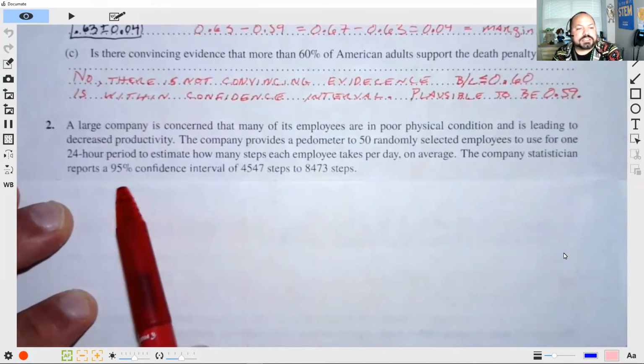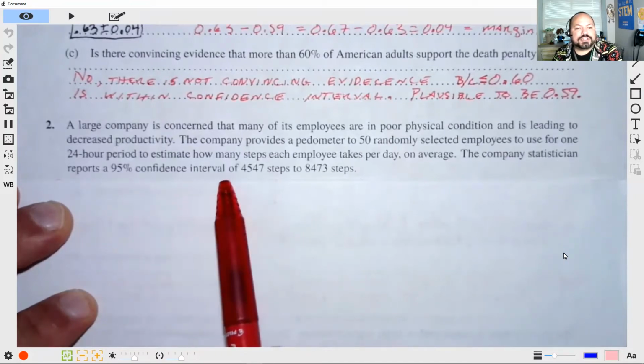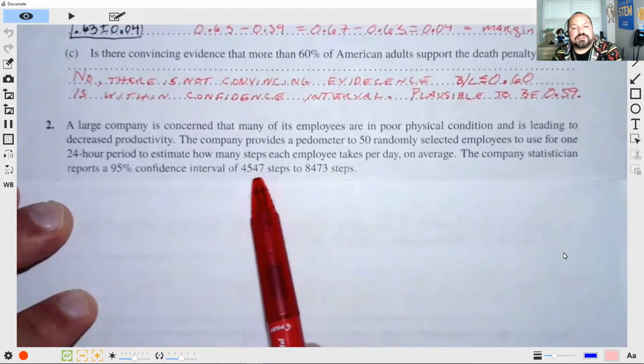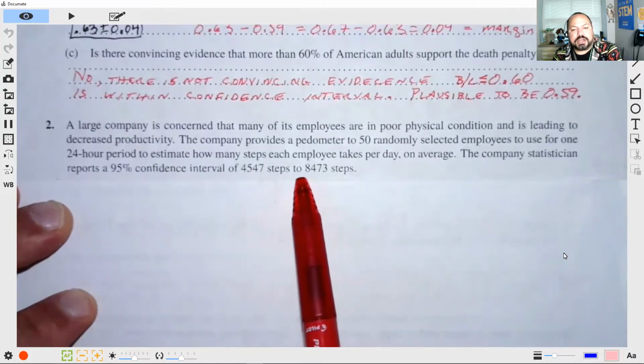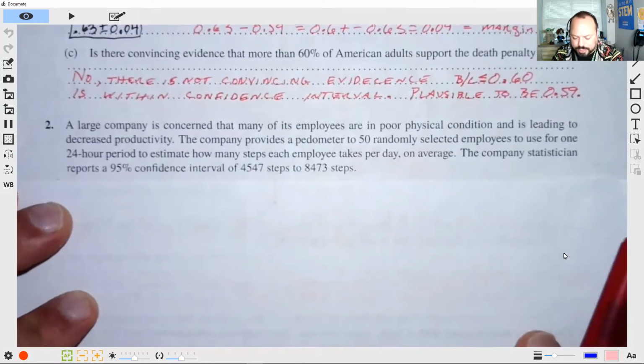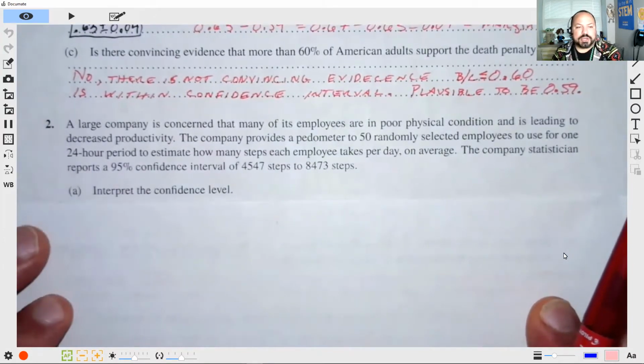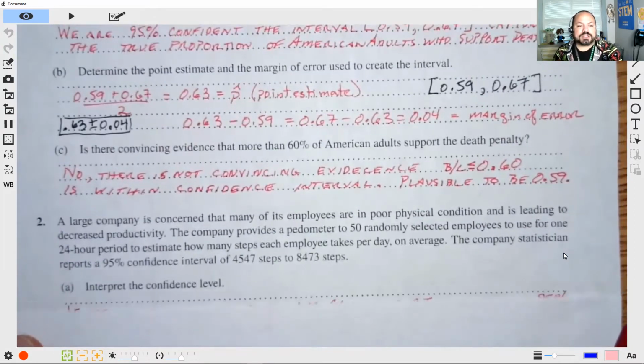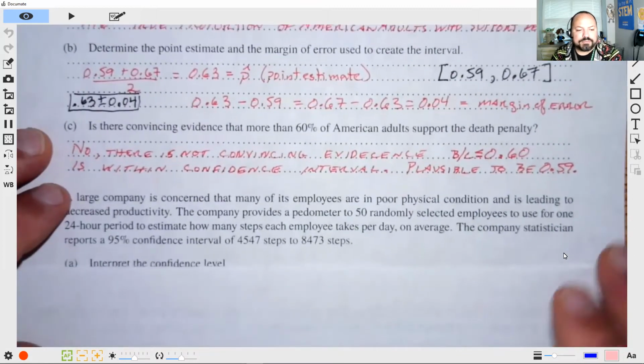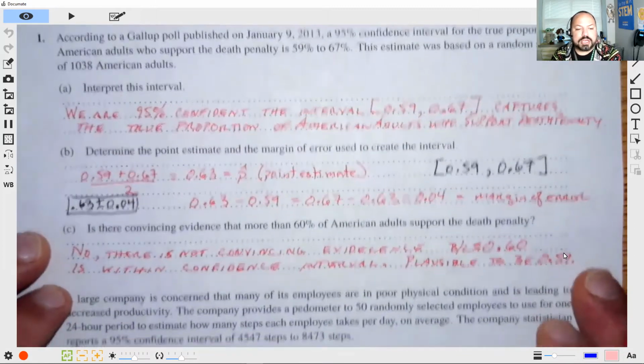The company's statistician reports a 95% confidence interval of 4,547 steps to 8,473 steps. So let's interpret the confidence level, and note that interpreting the confidence level is different than interpreting the interval, right?